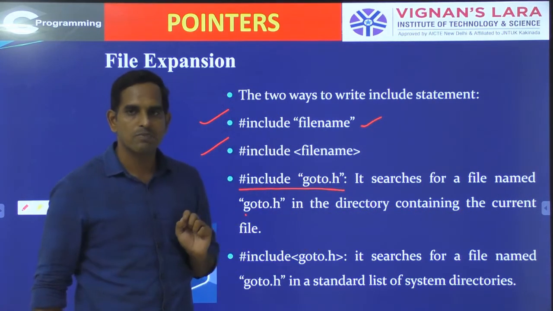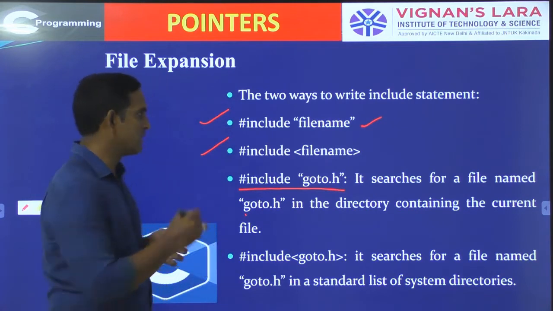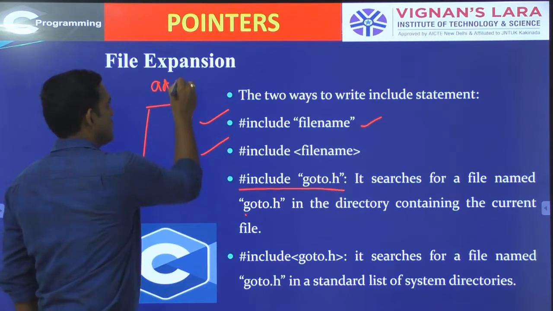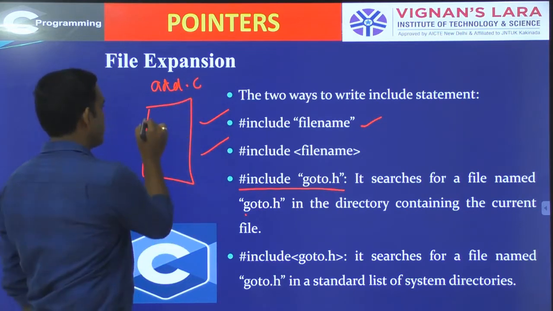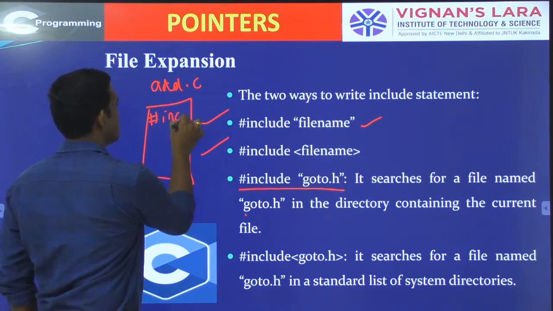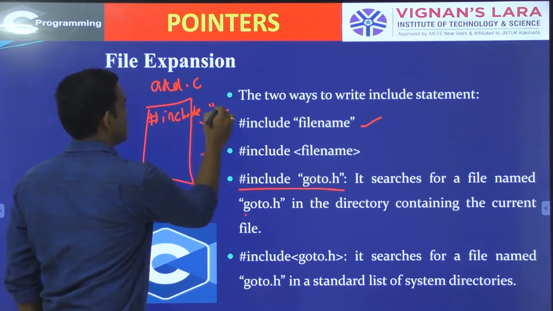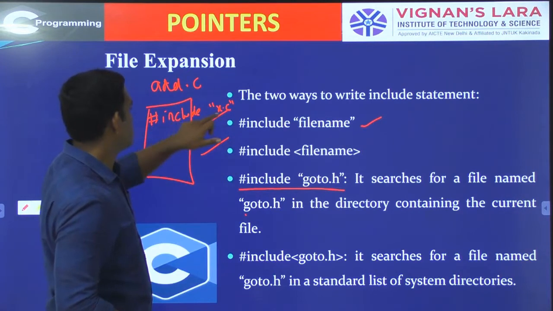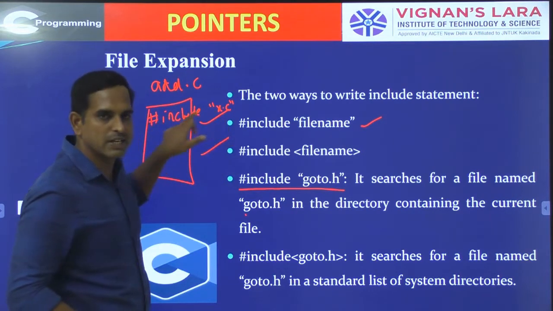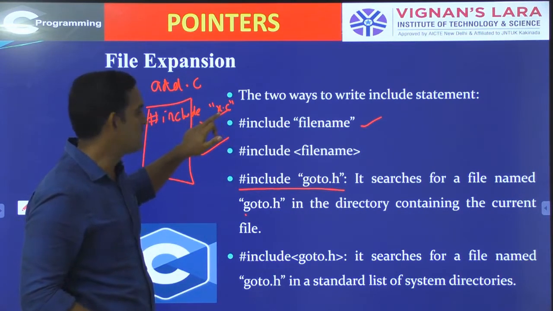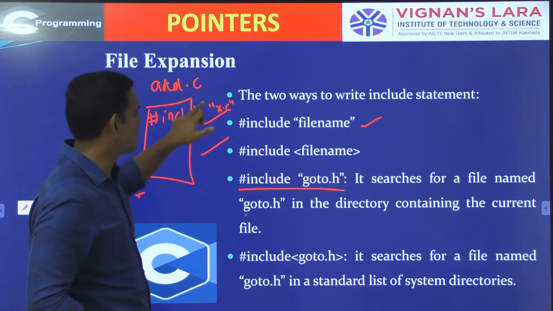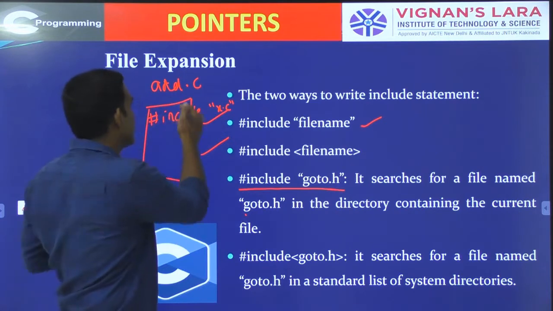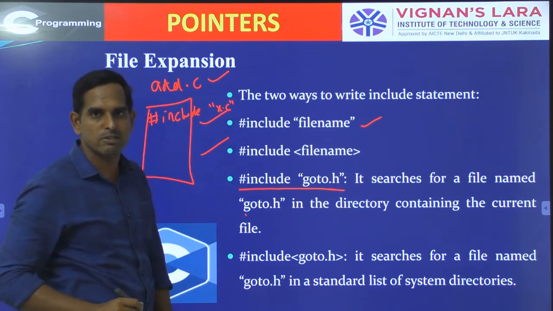Okay, if you are writing a particular program, if this is a program add.c, I am writing hash include, okay, some x.c. Okay, so you will say, when I include this particular file in my program, the preprocessor is going to check for that x.c in the current directory where your add.c program is present.